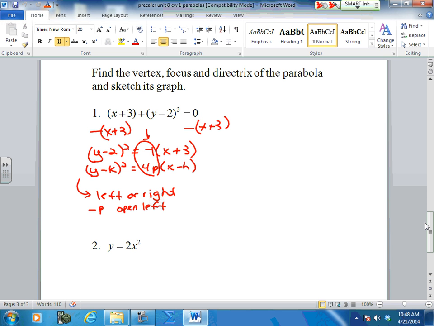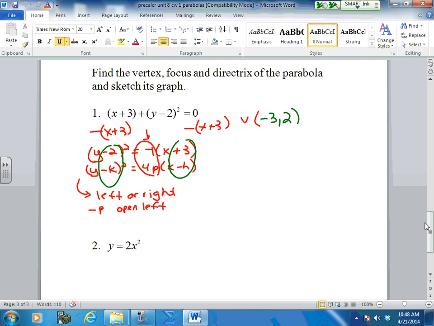Now, find me your vertex. What's your vertex of this parabola? Line it up here. Remember, it always comes out the opposite way, just like your circles. -3, 2.